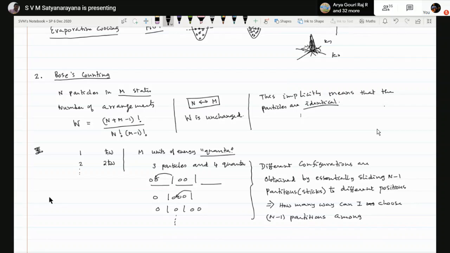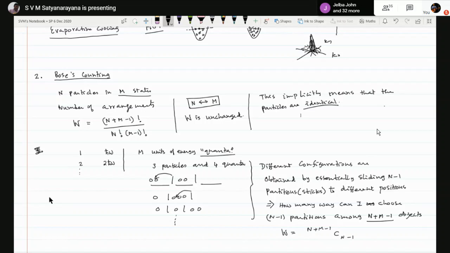What are the objects? Objects are the units plus the partitions, so among n plus m minus 1 objects. There are n minus 1 partitions and m quanta, so the total number of objects is this. Among them, how many ways I can choose these n minus 1, that is my W, and that is equal to n plus m minus 1 C n minus 1.